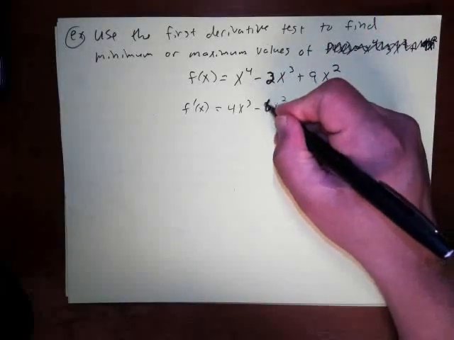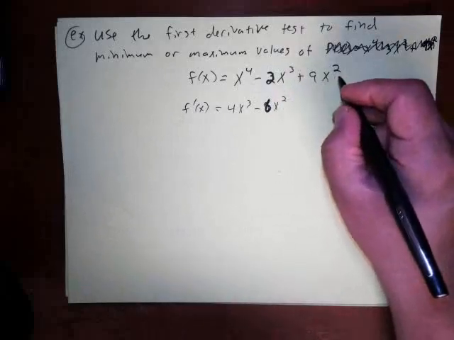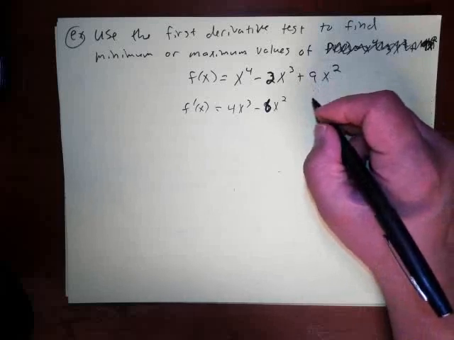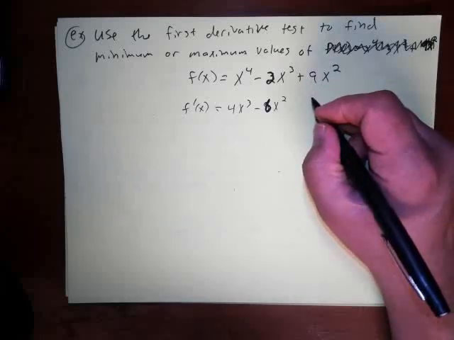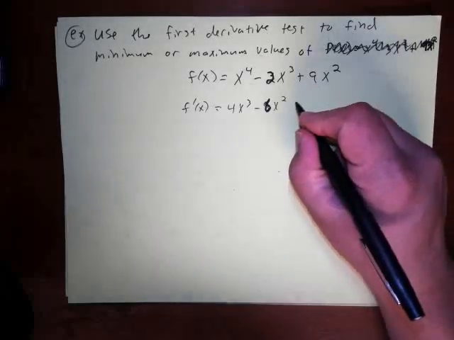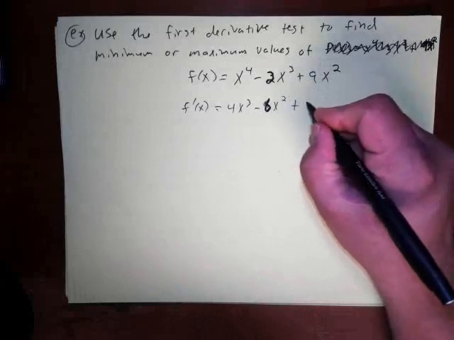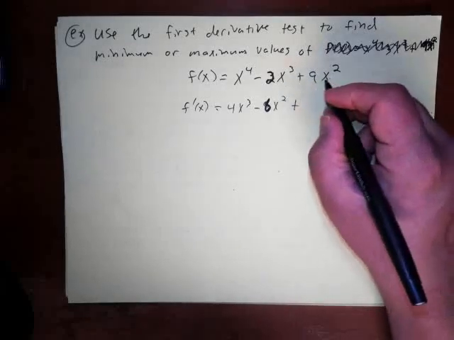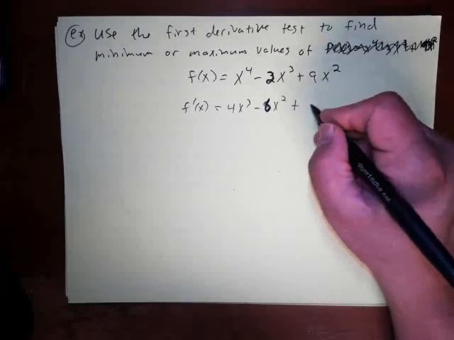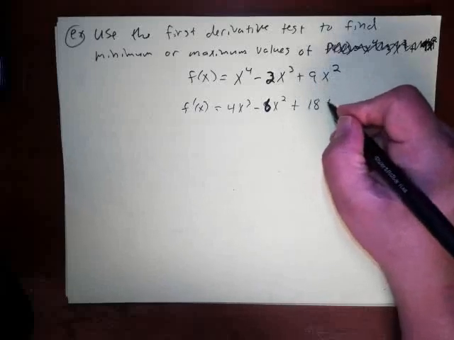So this would be 6x squared, and then maybe not. Maybe that should have been a 3. This one might not do what I want it to do. I wasn't thinking. Let me just check and see here. So this would be plus 18x.